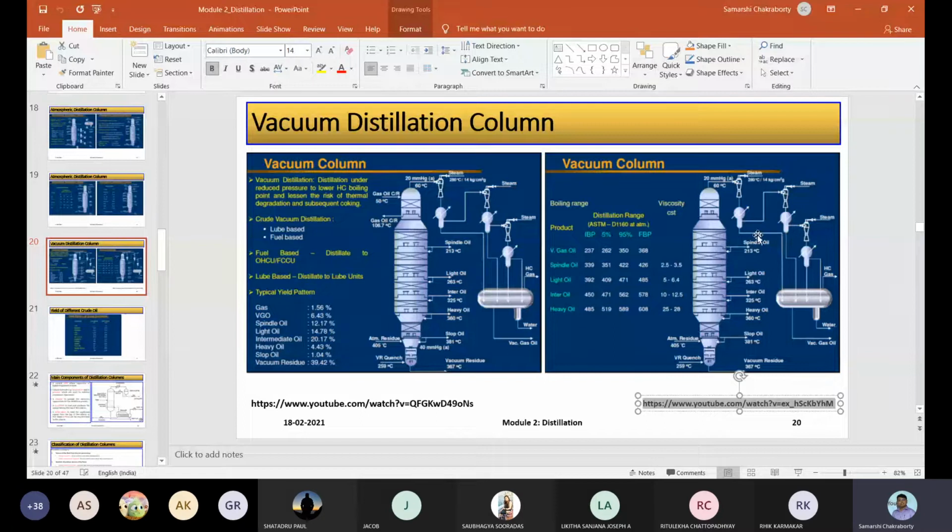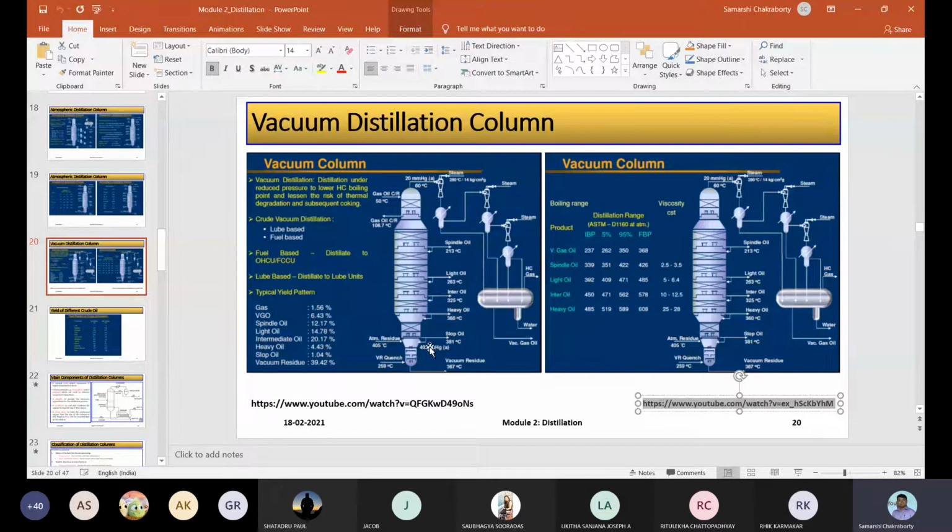If you come down, the bottom part is operating at a little bit higher pressure, around 40 mmHg, but it is still considerably low compared to atmospheric distillation. So if somebody asks at what pressure range a vacuum distillation column operates, you would be able to say between 20 to 40 mmHg. That is the pressure range it operates.